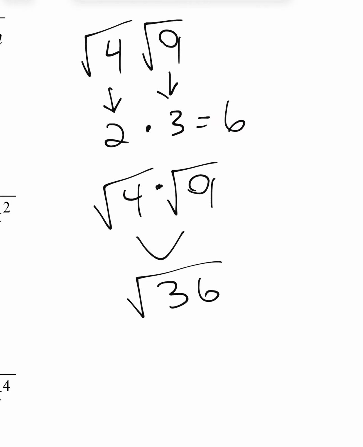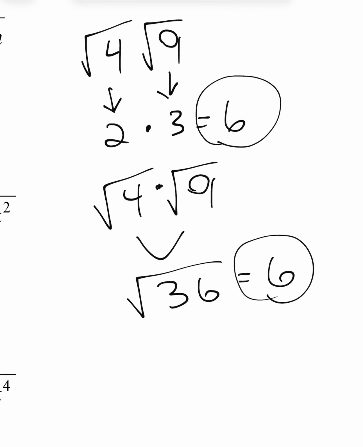Well, what is the square root of 36? Equals 6, right? So we got the same answer, whether we take the square root first and then multiply, or whether we multiply and then take the square root.